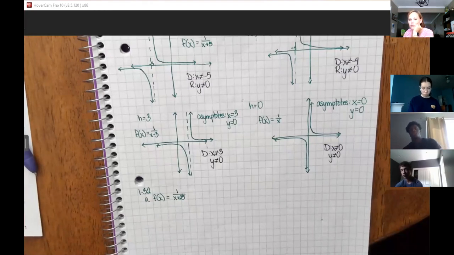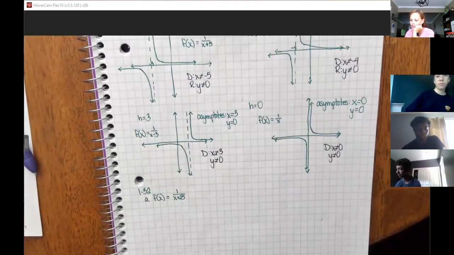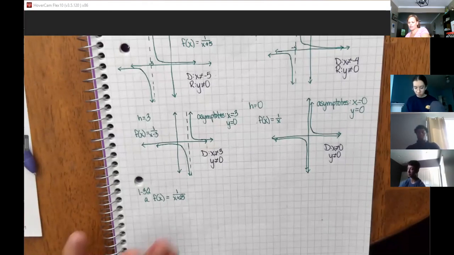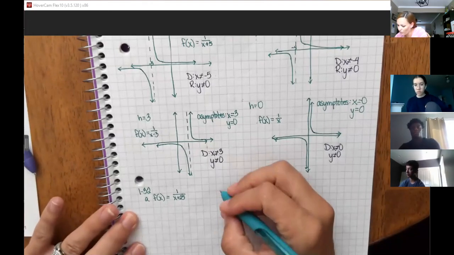Okay, so sketch this graph. What do you think it's going to look like? Look at this equation and all of these equations we just did. See a pattern. What would the h value have been? Don't say it out loud yet. I'll give people some time to think, but see if you can sketch this graph. It's just a sketch.